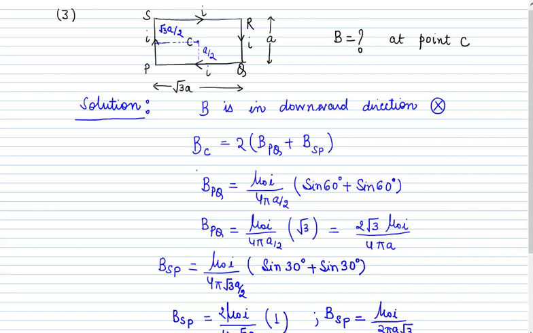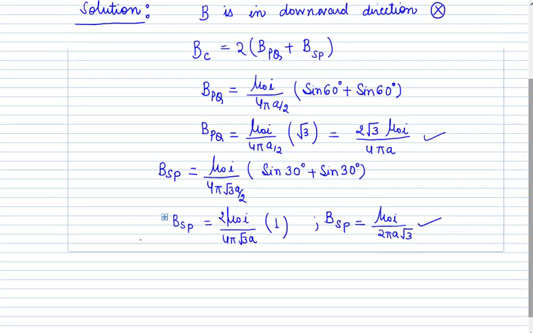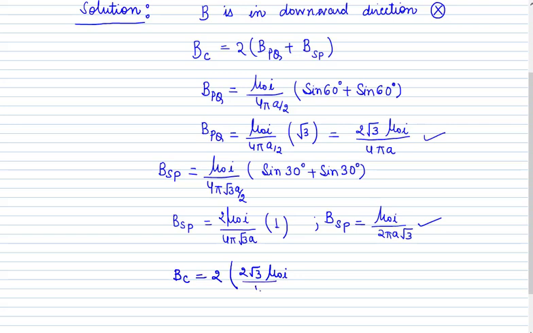And now in order to calculate the total magnetic field, we have to just double these two quantities. This one and this one, we have to just double it. So simply put the value, the magnetic field at point C is equal to twice of this 2 root 3 mu naught I upon 4 pi a plus mu naught I upon 2 pi a root 3.